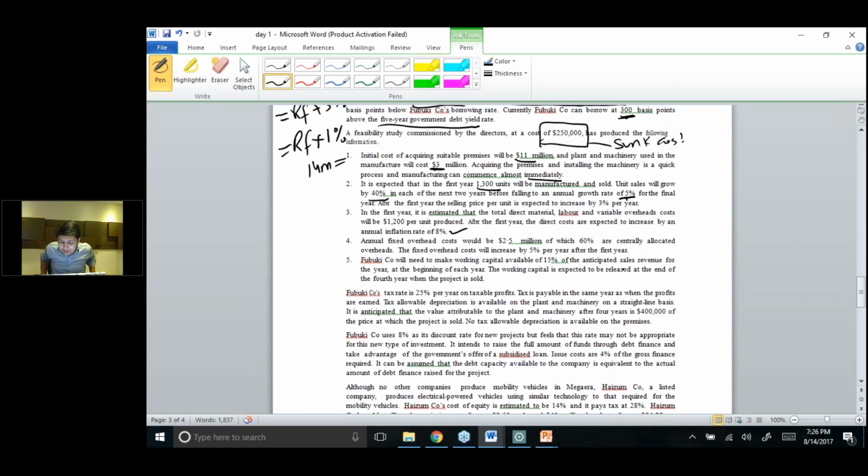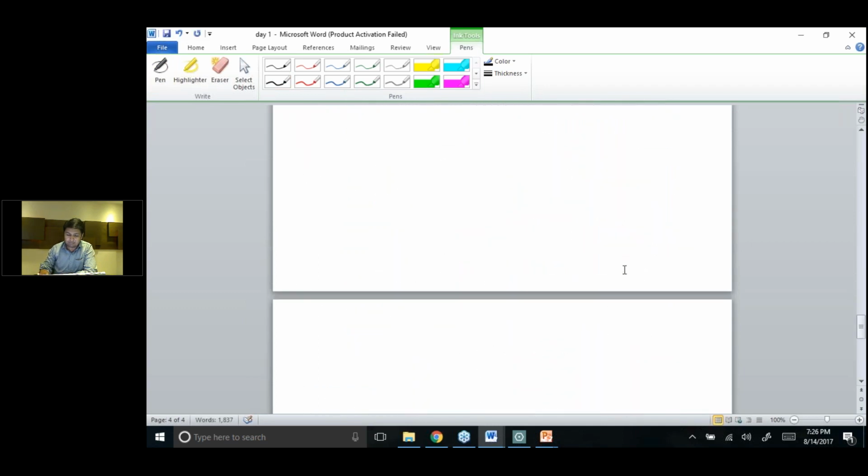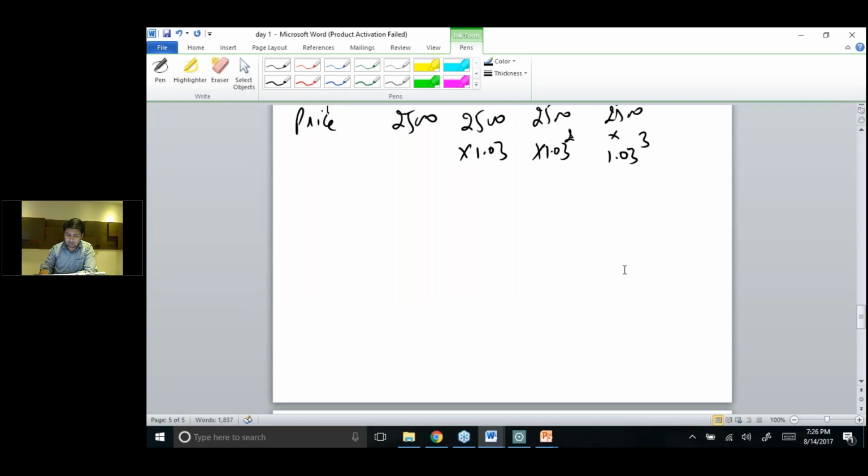So once you have calculated the sales, let's suppose you have calculated the sales. Let's suppose this is year 1, 2, 3 and 4, and this is year 0, and you have calculated the sales.